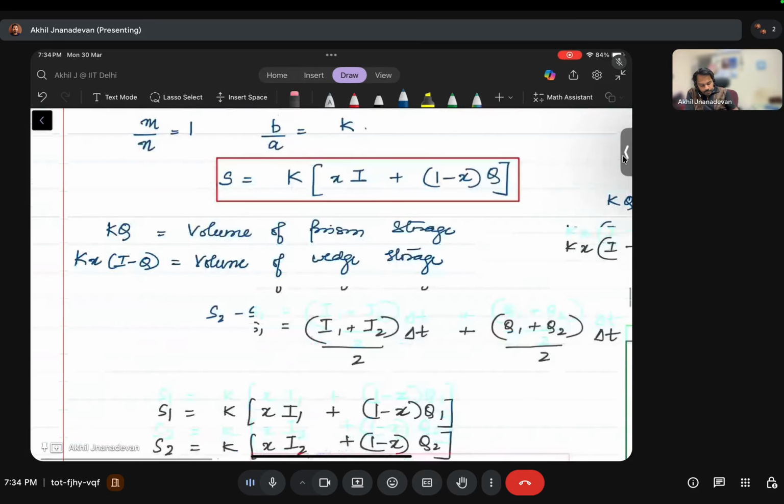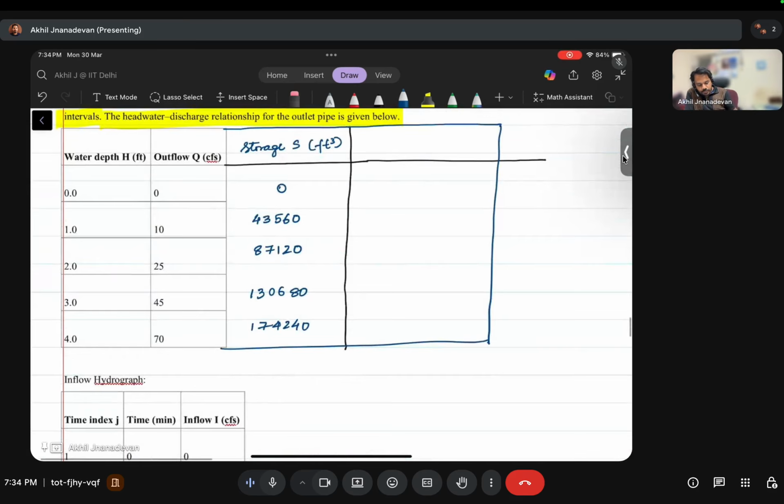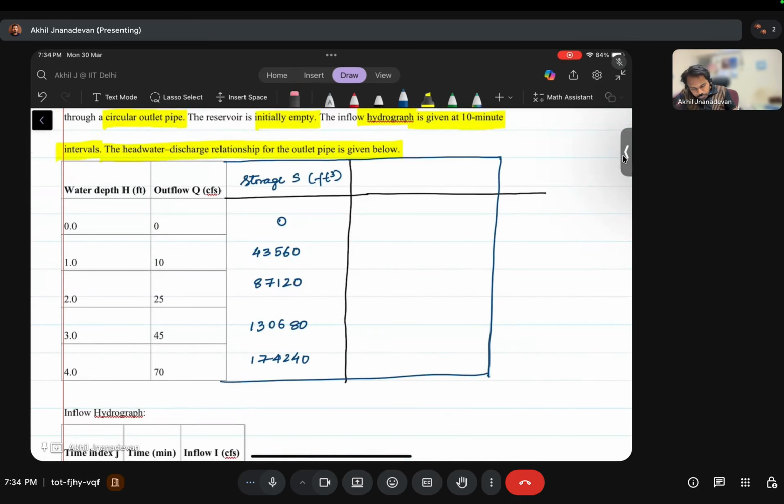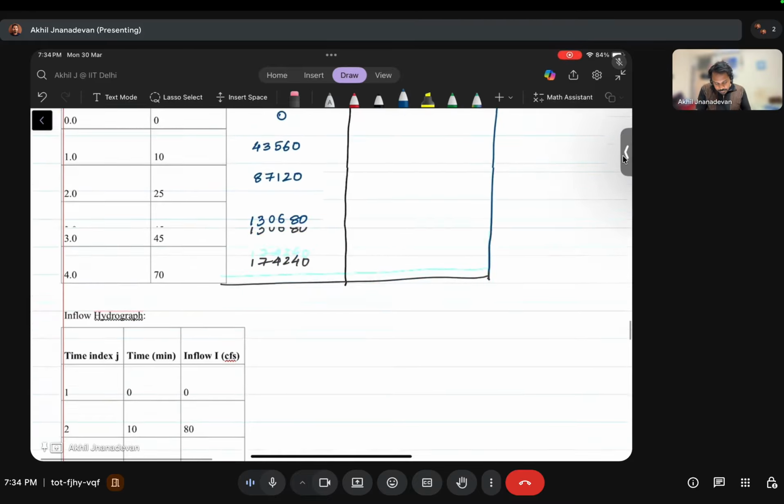So we have S and q, so we can find 2S by delta t plus q, in CFS.